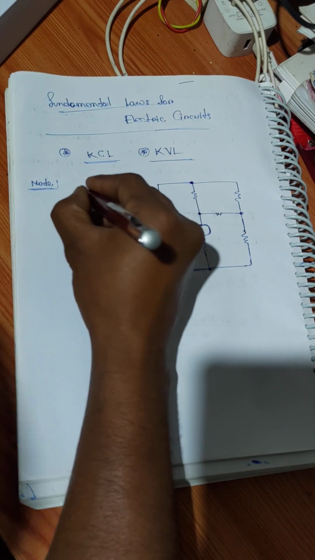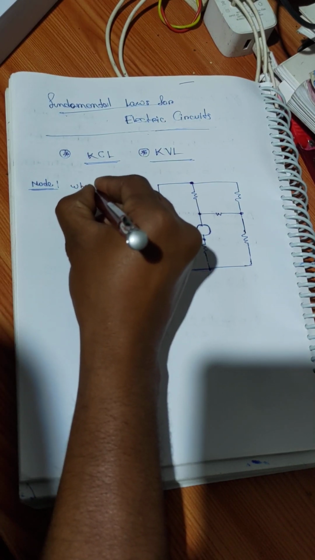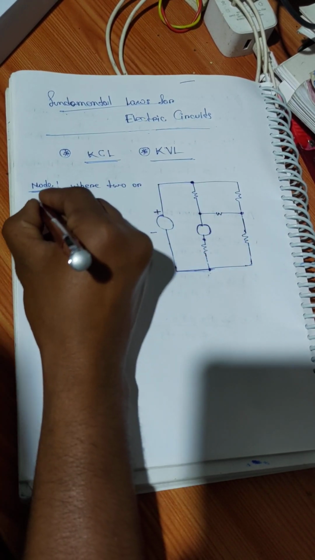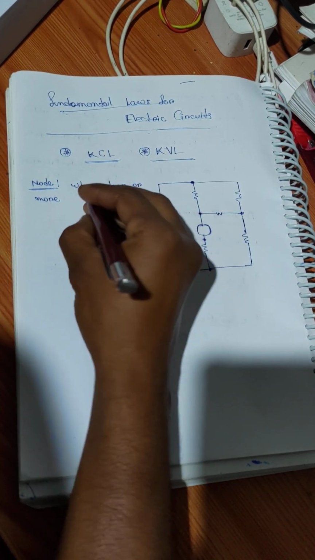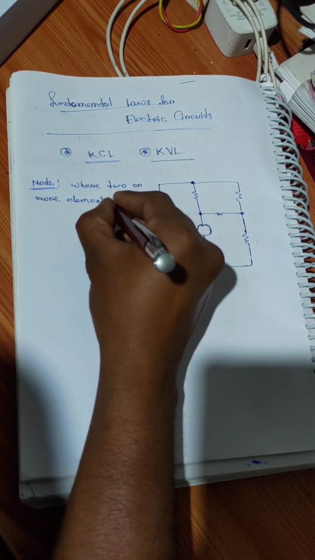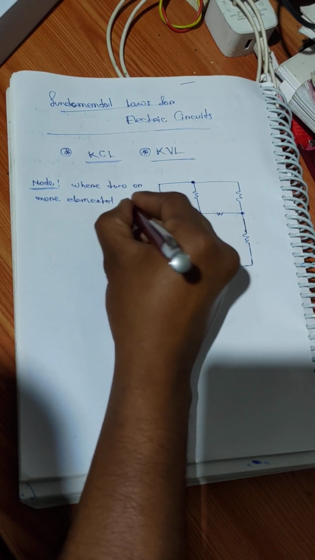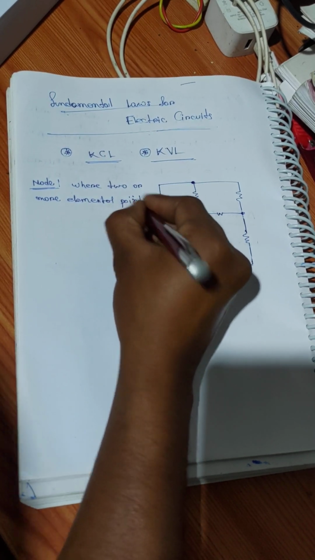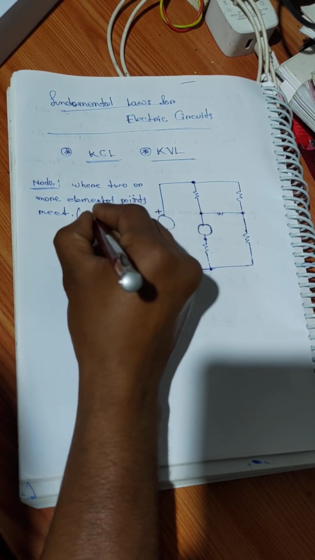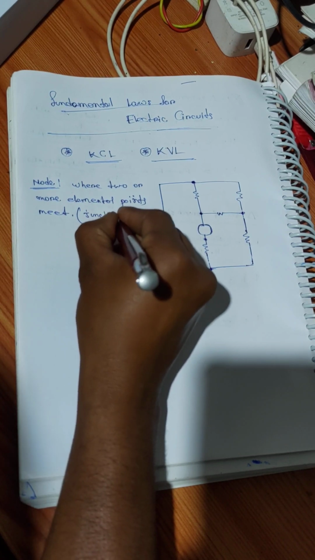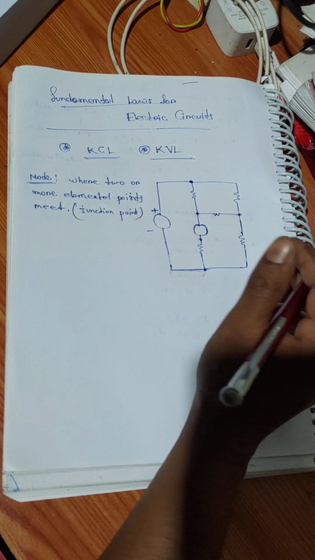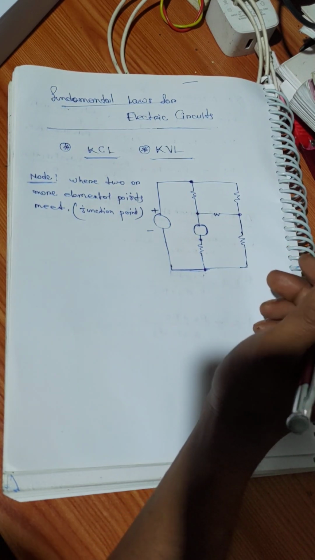So it's saying where two or more elemental points meet. It's a junction point. I think it's visible maybe.